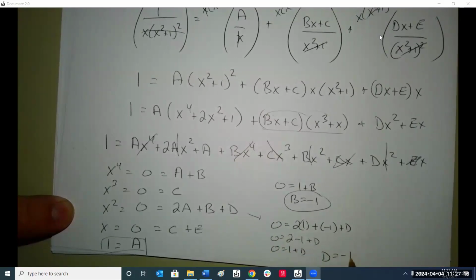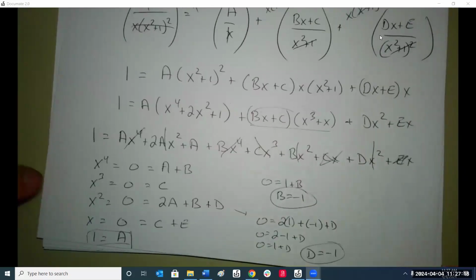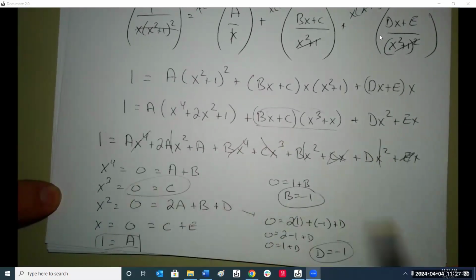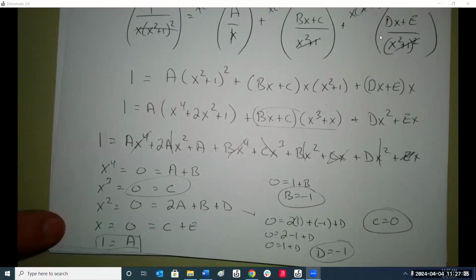So d is equal to -1. C is equal to 0. E is equal to 0 because of this one.